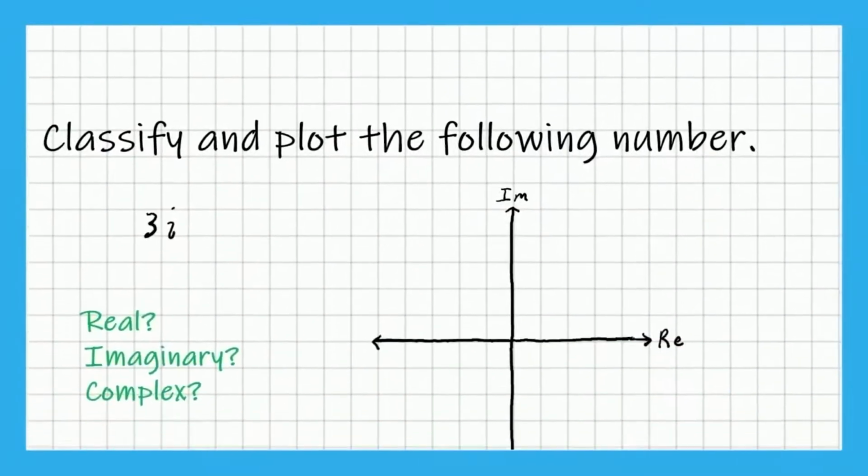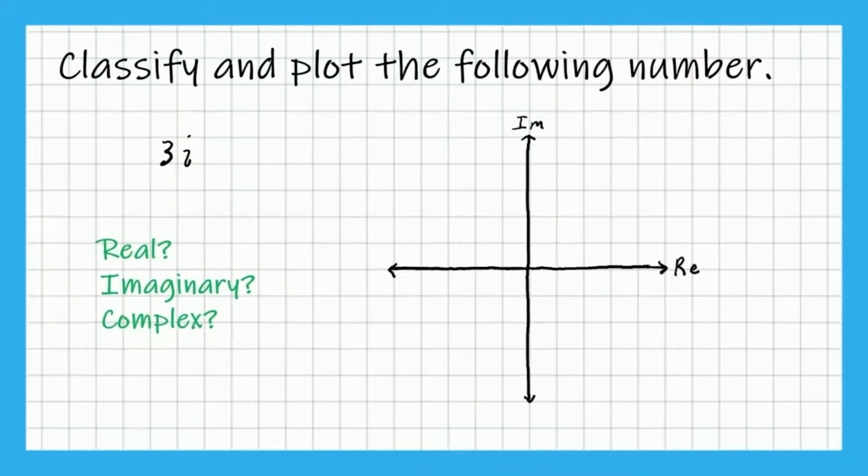All right, now this gets a little bit more interesting. Same instructions, but we need to classify 3i right here. Well, the question is, can we write this as a plus bi? Yes, we could, because we could say 0 plus 3i. A plus bi, a is 0 and b is 3. So yes, this is complex because we can write it as a plus bi.